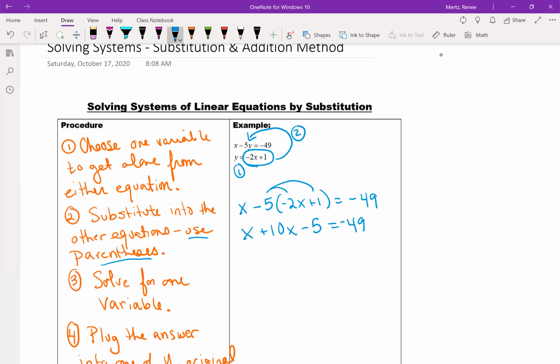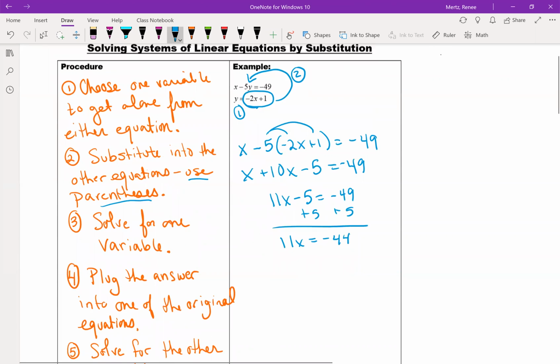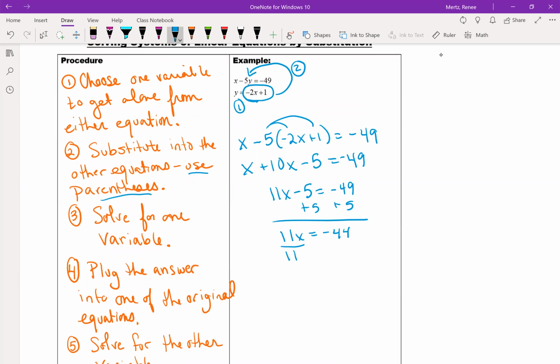So combine like terms, we have 11x minus 5 equals negative 49. I'm going to add 5 to each side. So I have 11x equals negative 44. Solve for x. And x equals negative 4.